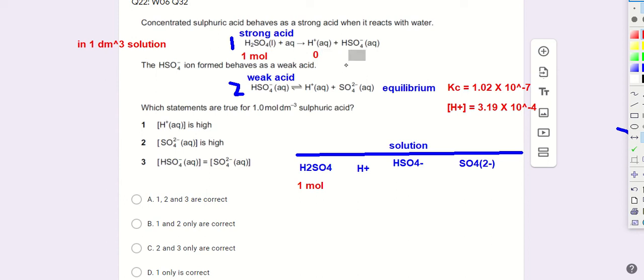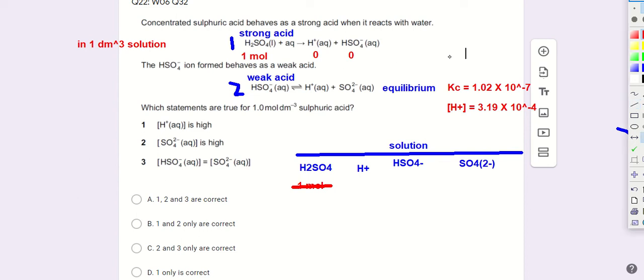Okay, 0 before dissociation. After dissociation, because this is a complete dissociation, all of these will turn into hydrogen ion and hydrogen sulfate ion. So later, no more of this one, because all dissociated.